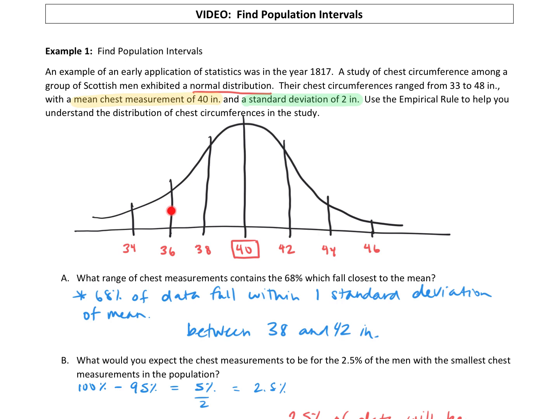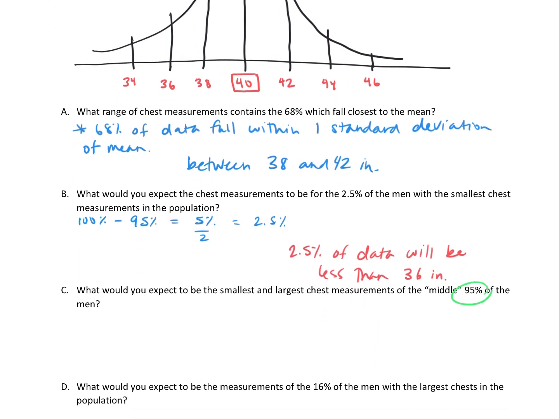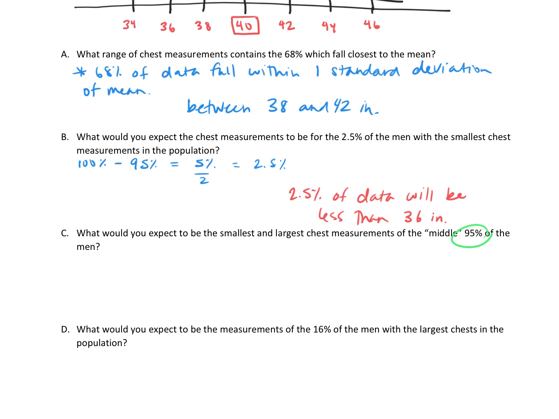So that's going to go from 36 to 44. So what is the smallest we can expect? 36 inches. And the largest we can expect to be within that middle 95% is 44 inches. Those are the measurements that are within 2 standard deviations of the mean on the upper and lower sides.